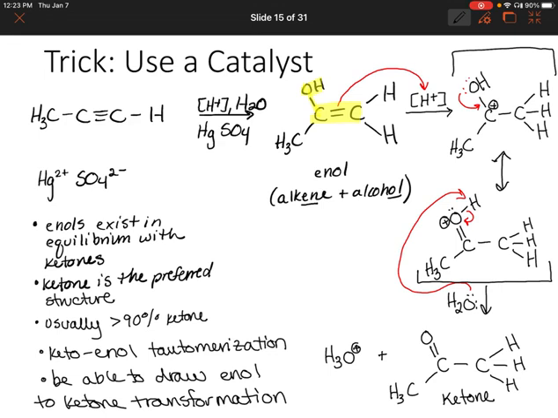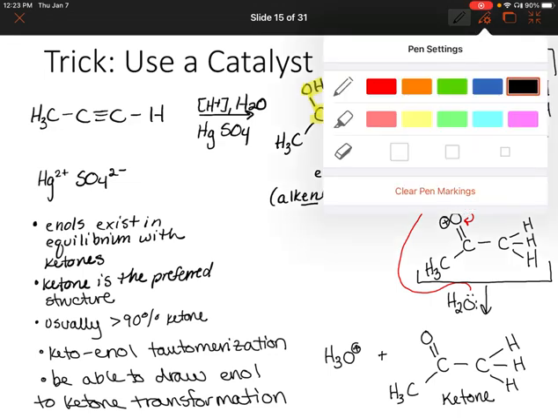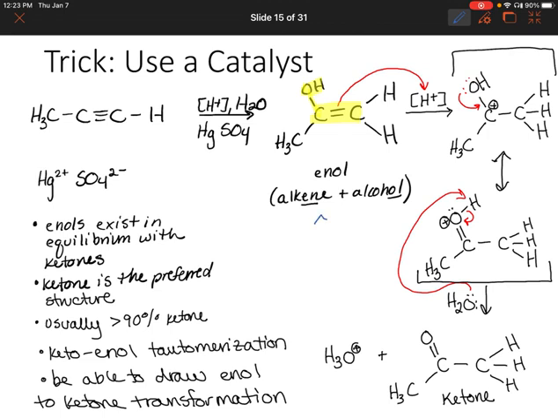All right, so this is how we can add an alcohol to an alkyne, but that alcohol ends up becoming a ketone very quickly. Okay, so the enol and the ketone, I just want to add one more thing. These are called tautomers. So they exist in equilibrium with each other.